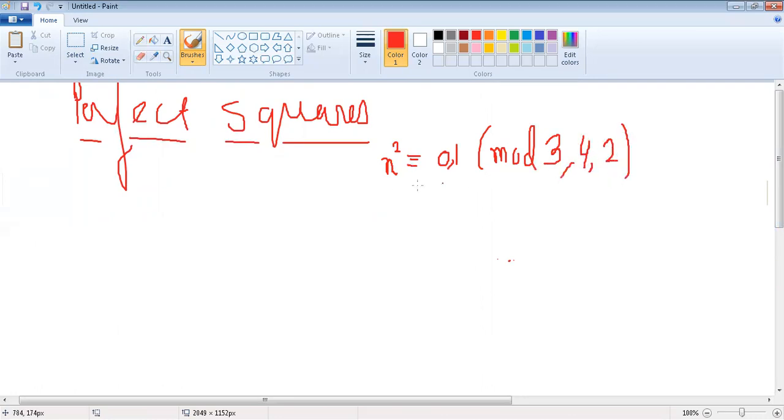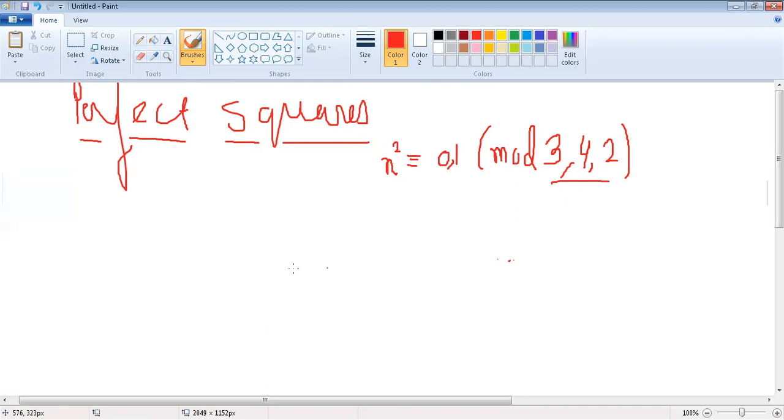I mean, if any of these numbers divide a square, they always leave a remainder of either 0 or 1. You can easily comprehend that in the case of 4 and 2, when the number is even it leaves remainder 0, and when it is odd, it leaves remainder 1, and in the case of 3, we can't exactly say anything surely.